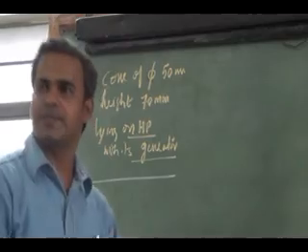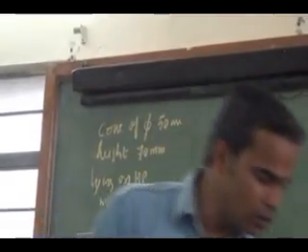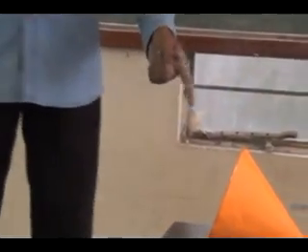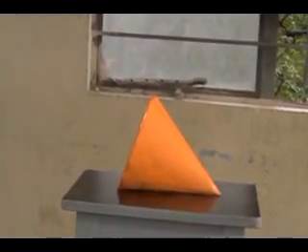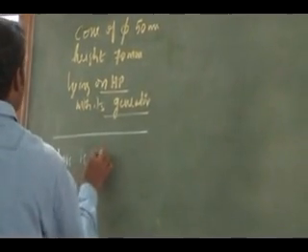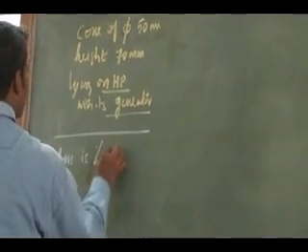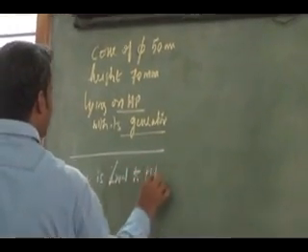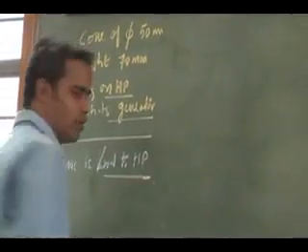The axis is parallel to VP, it is given. Now look at the solid. What about the axis of the cone? It is inclined to HP, so the axis inclination is hidden. The axis is inclined to HP, so it is an HP inclined problem.